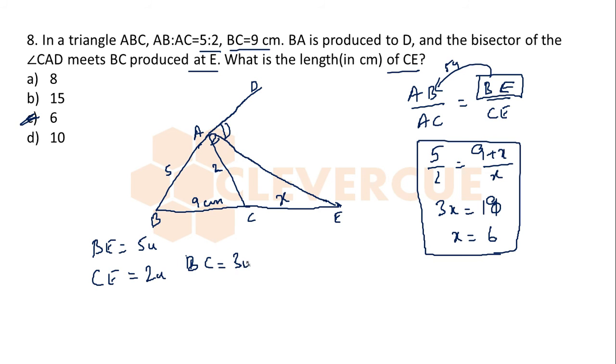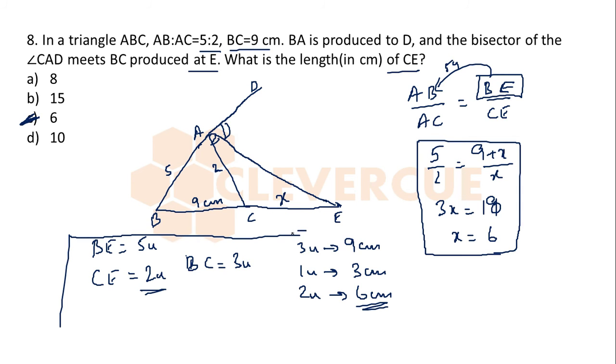So this one will be equal to 3 units. And 3 units is given as 9 centimeters for us. Now 1 unit will be equal to how much? 3 centimeters. Now the value of CE is 2 units. Then 2 units will be 6 centimeters. So by this way also we can solve this in our mind itself. By using this method, you can solve it much easier than the other method. Okay, so try to practice this method itself.